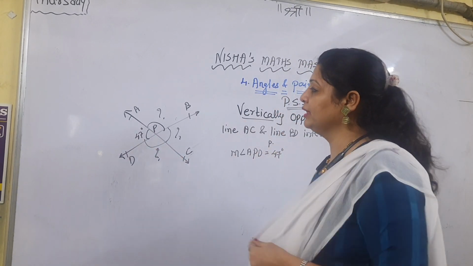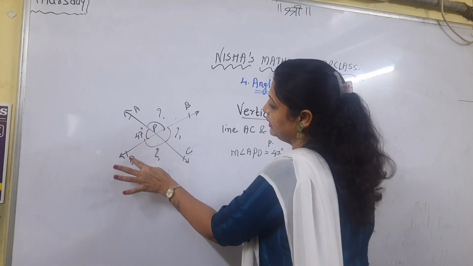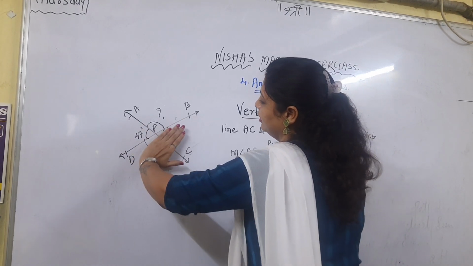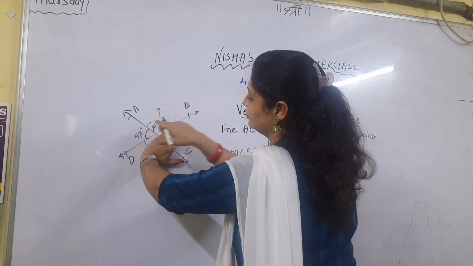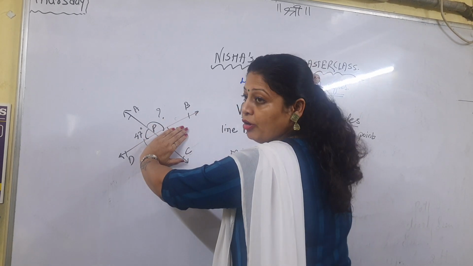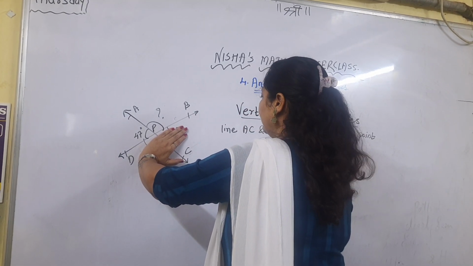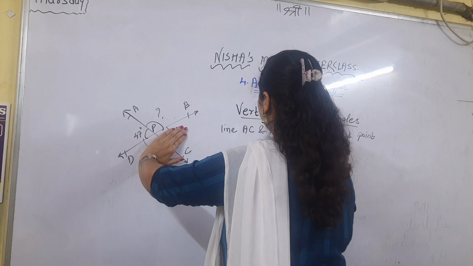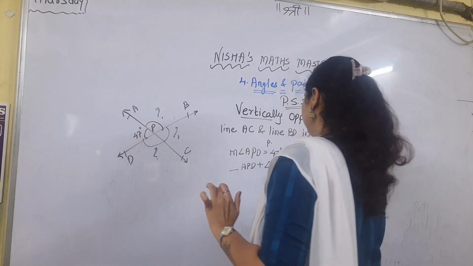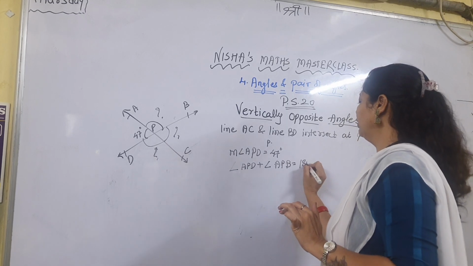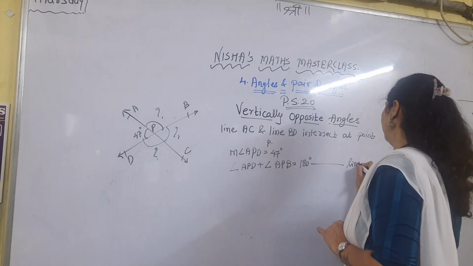The first and most important thing: angle APD, this one, and angle APB. If I hide this part, these are a linear pair. Got it everyone? And the sum of a linear pair is 180 degree. So first of all write down angle APD plus angle APB is equal to 180 degree. And the statement we have to write here is linear pair.